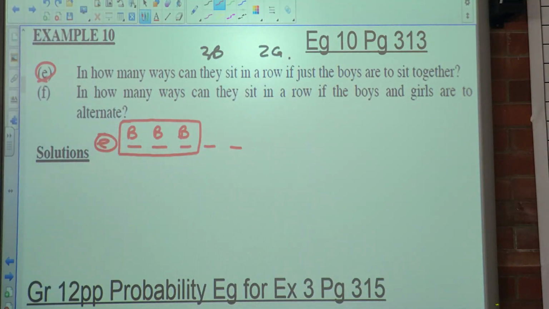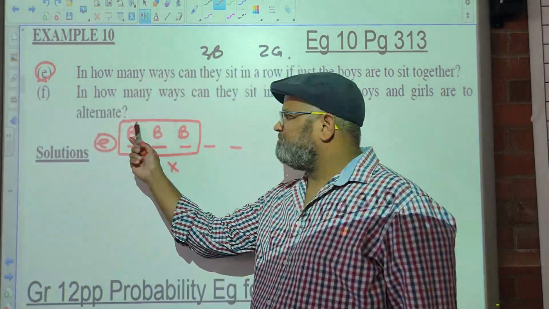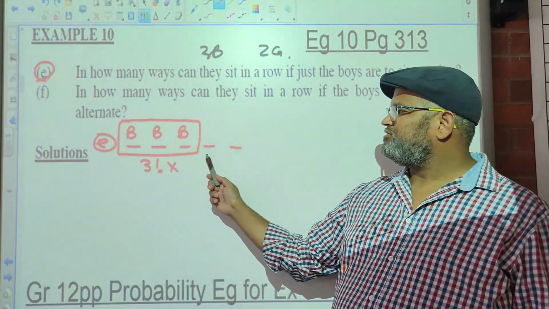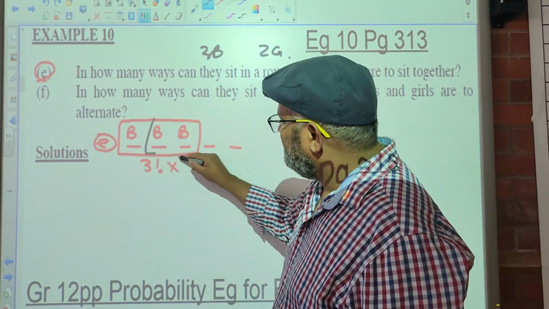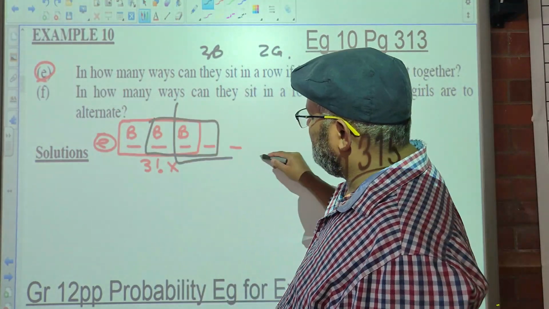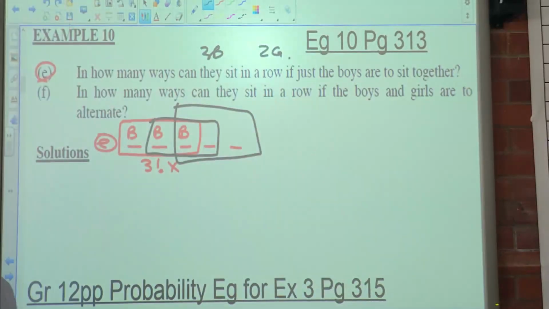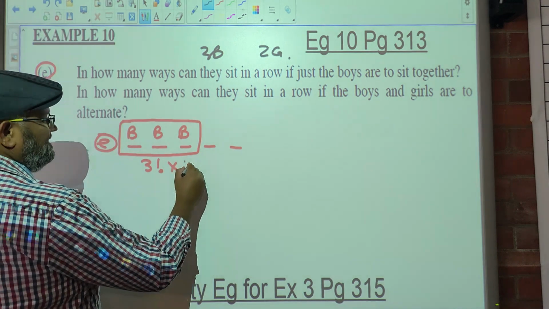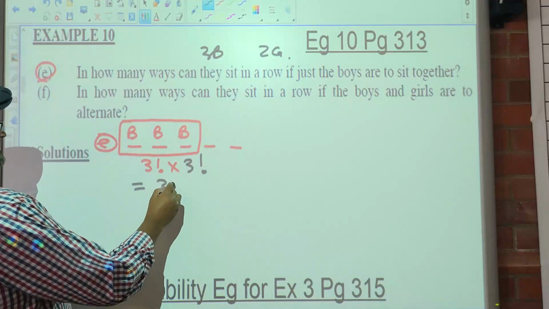So how many ways can they sit? 3 factorial ways. Not so. Times, so this now becomes 1 bit, 1 entity. So I count 1, 2, 3. In other words, they could sit there, or there. That's how I'm getting 3. No? You bind the boys together. So it's going to be multiplied by 3 factorial, which is 36.